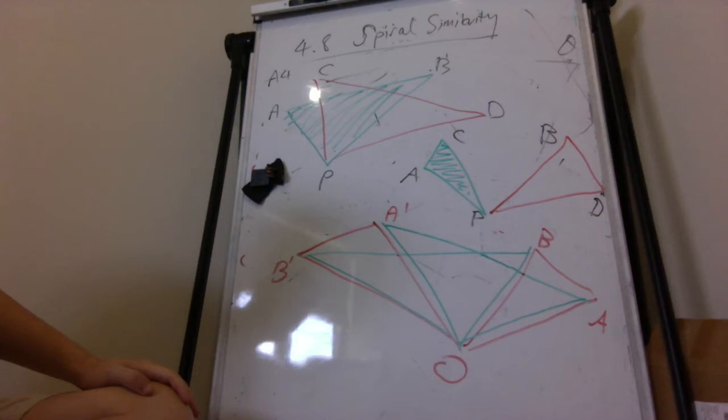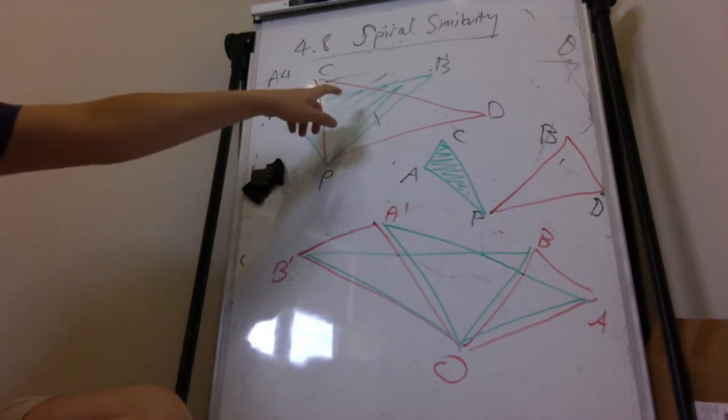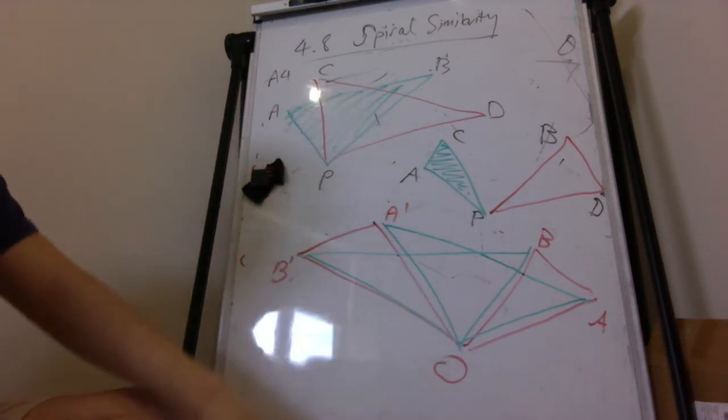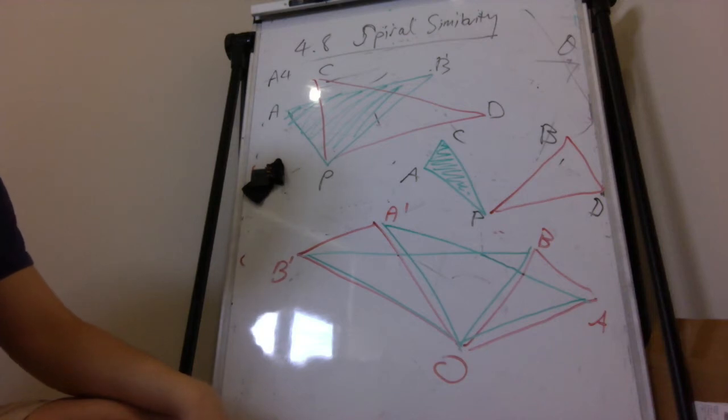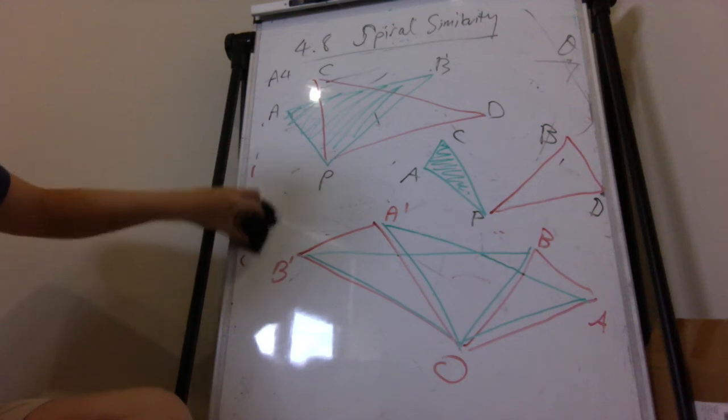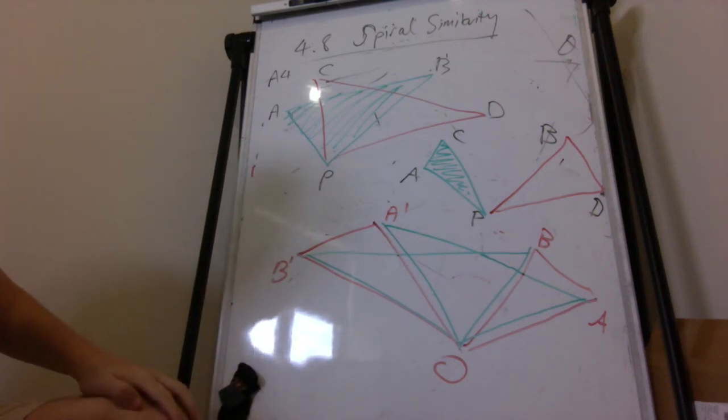For some reason, it's more clear to draw the diagram in a different color. So AP on BP is K, CP on BP is K, and APC is equal to BPB.